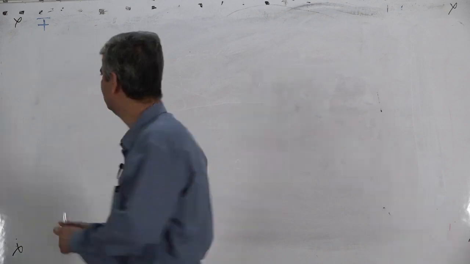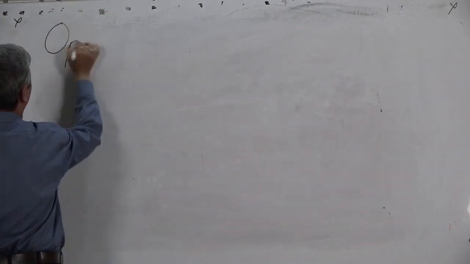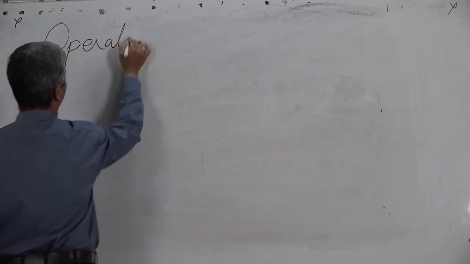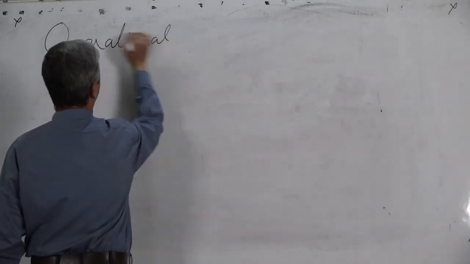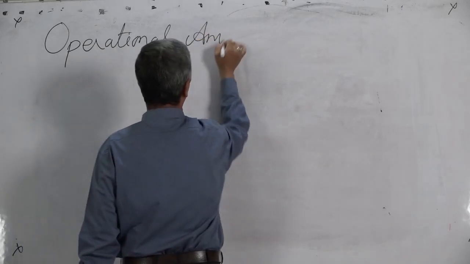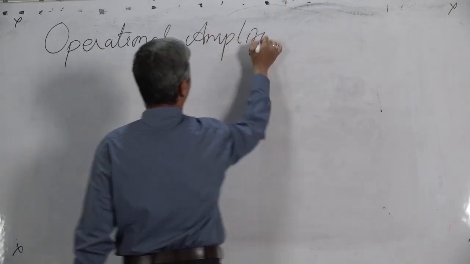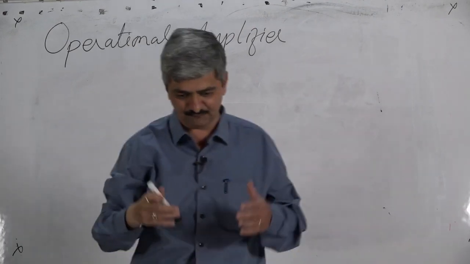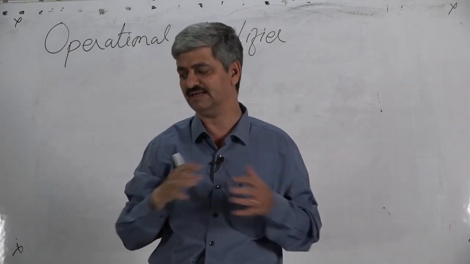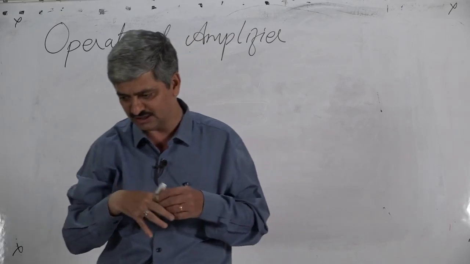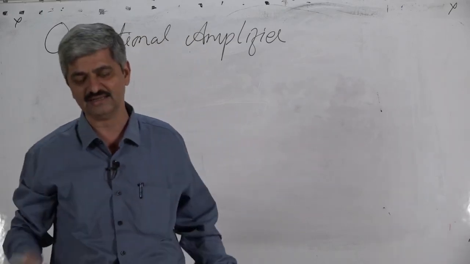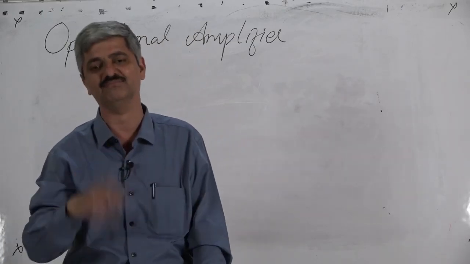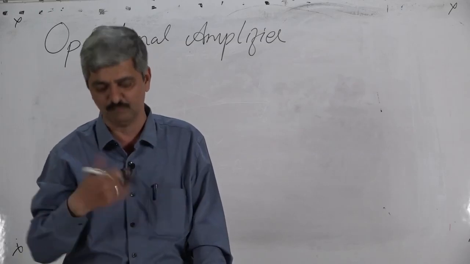So, first of all, why is the name operational amplifier? Prior to that, what is an amplifier? I think the word amplifier is so generic that even a non-engineer clearly knows that to amplify means to make something big, from small to big.